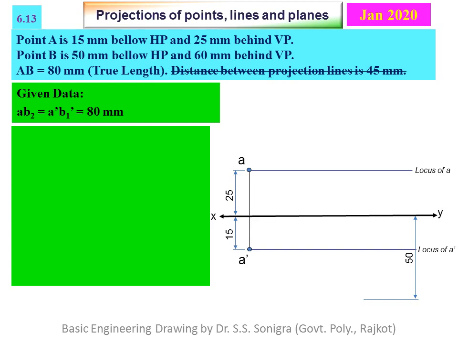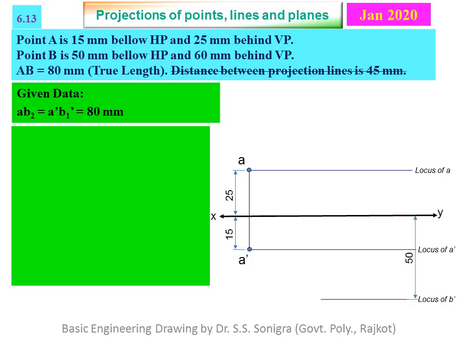Read line number 2. Point B is 50 mm below HP and 60 mm behind VP. So we cannot locate point B directly, but we can draw locus of point B dash and locus of point B. Obviously it is given that point B is 50 mm below HP, so locus of point B dash will be below XY line at a distance of 50 mm, that we can draw like this.